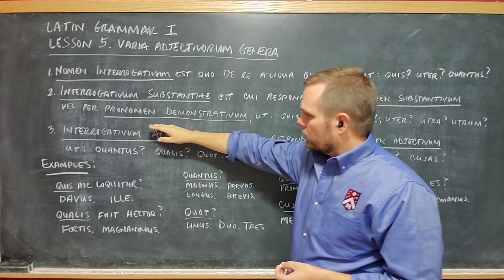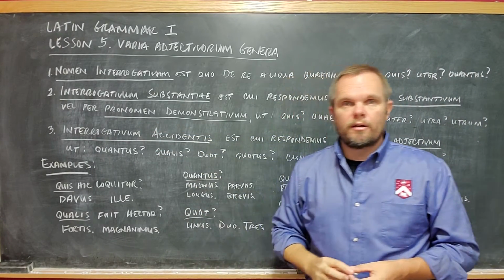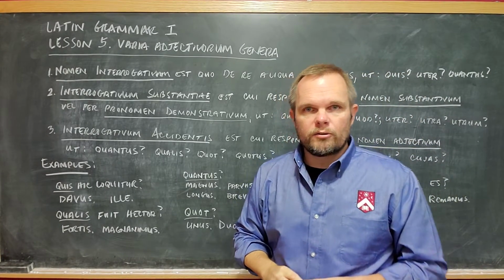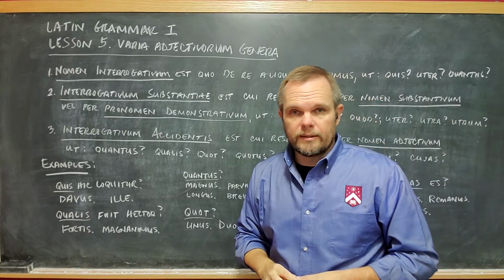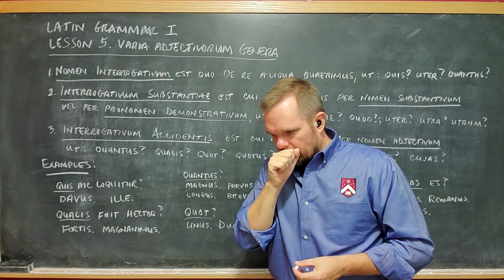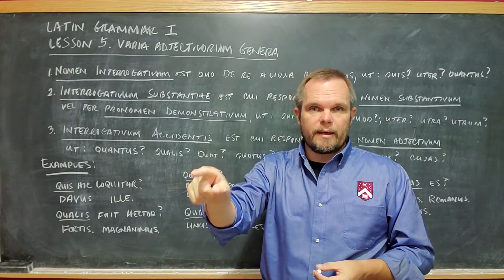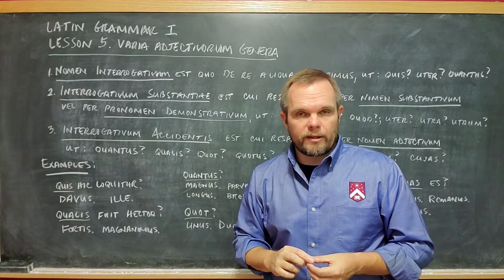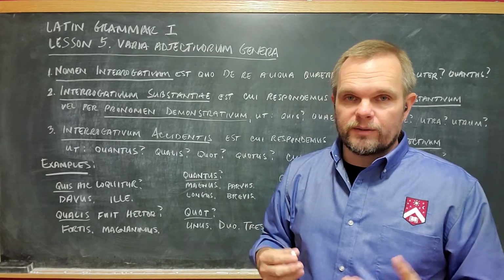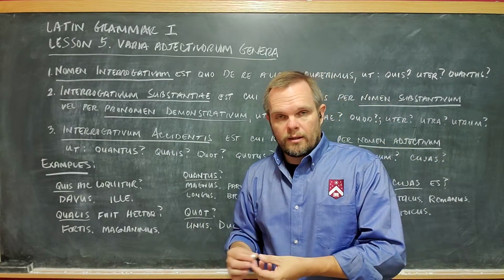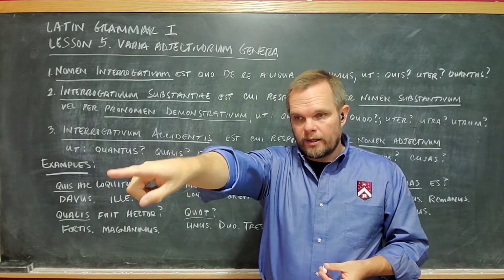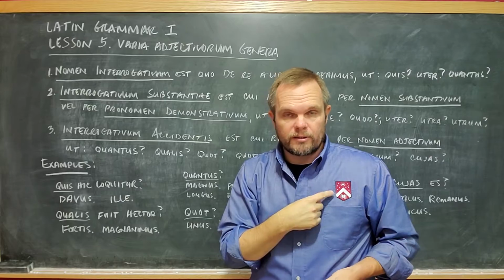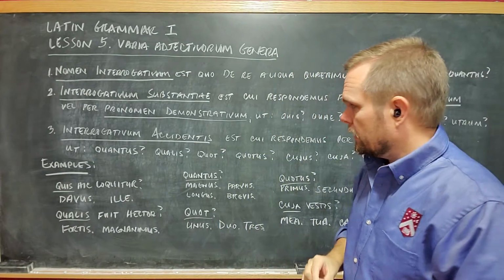And then it says, or by a demonstrative pronoun. A demonstrative pronoun is one that points something out or that shows something. Very simply, you can think of demonstrative pronouns as the pronouns this or that. Something you point at and say that, or something you point at and say this. That's a demonstrative pronoun, okay?